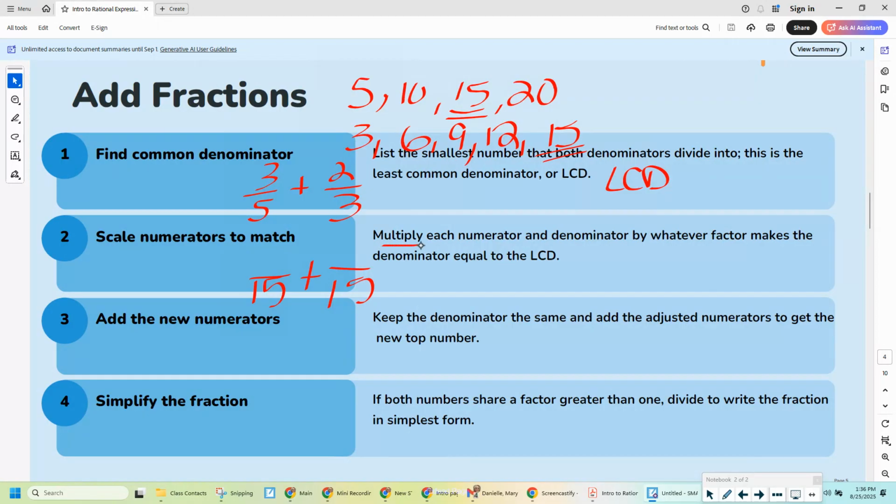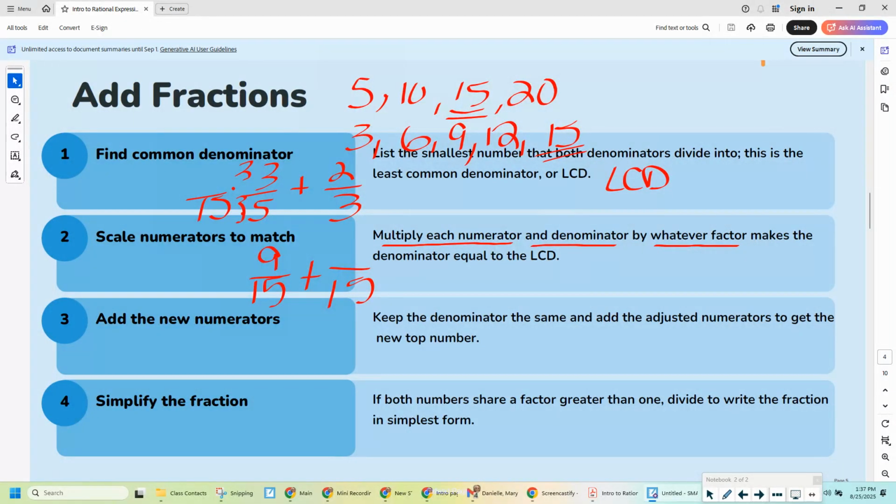So I need to multiply each numerator and denominator by whatever factor makes the denominator equal. How I turned 5 into 15 on this first term is I multiplied it by 3. So I need to multiply the top by 3 also to get my new numerator. So 3 times 3 would be 9.